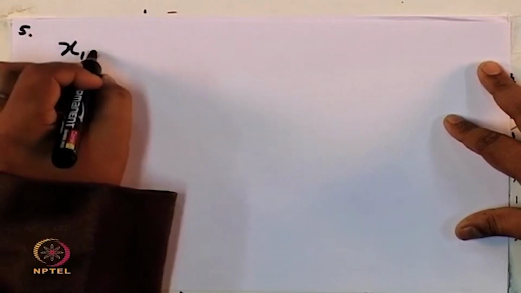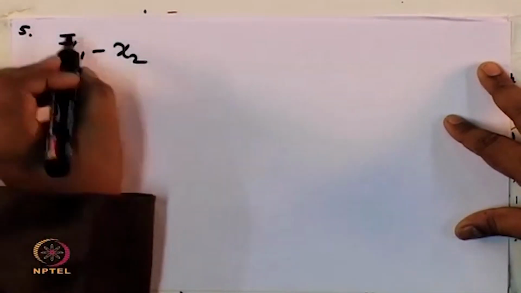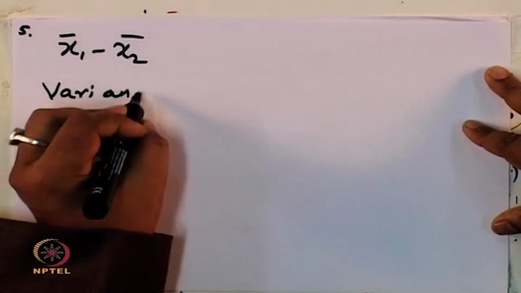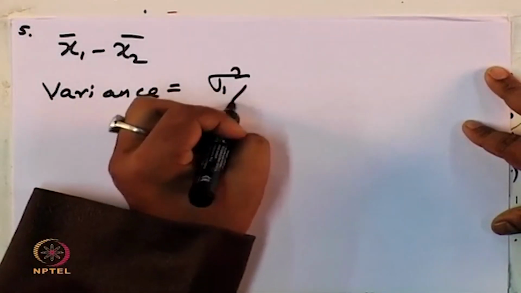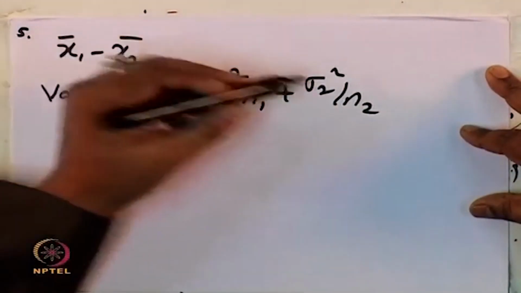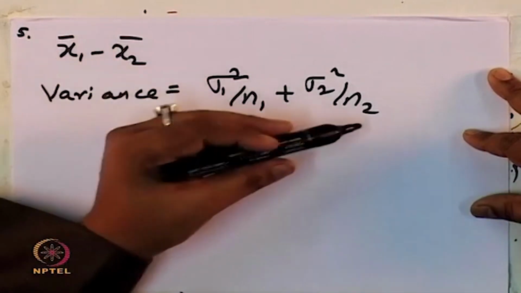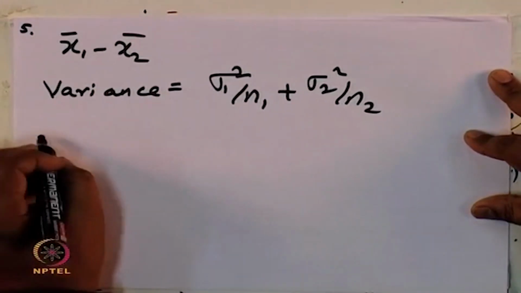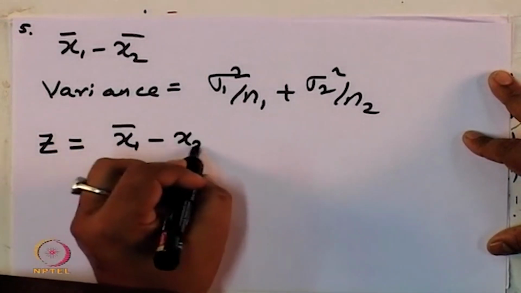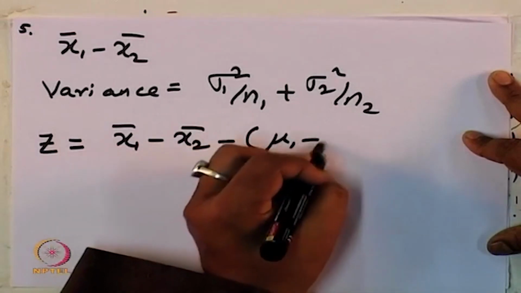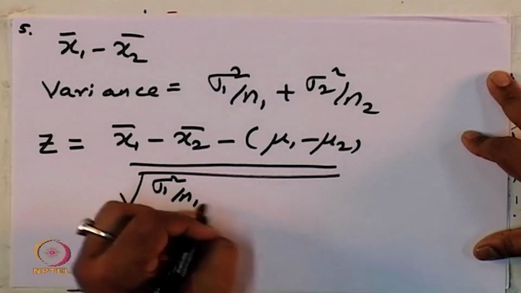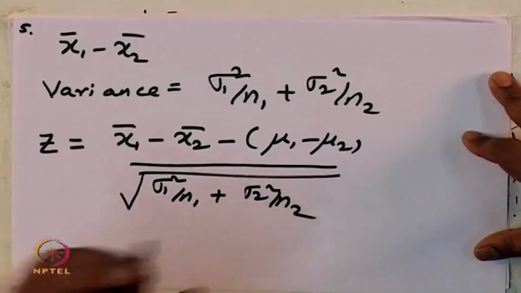If I define x1 minus x2 as a random variable, the variance will be given by the sum of the variances of the individual terms, which is sigma 1 square by n1 plus sigma 2 square by n2. So, I can create this standard normal variable z defined by x1 bar minus x2 bar minus mu1 minus mu2, divided by root of sigma 1 square by n1 plus sigma 2 square by n2.